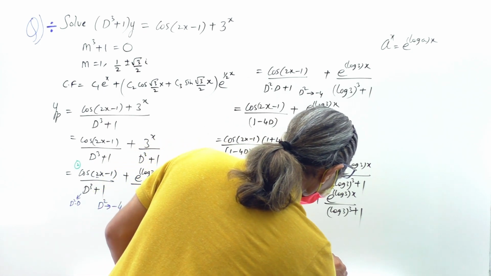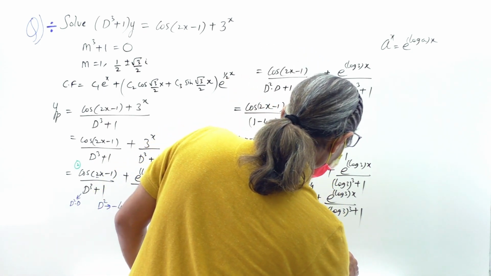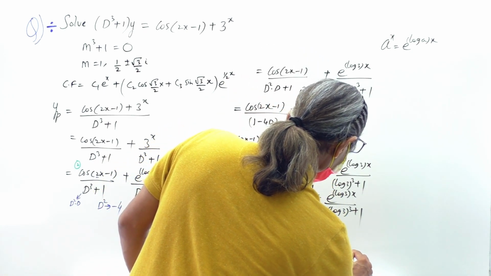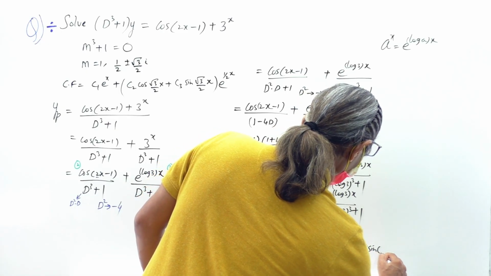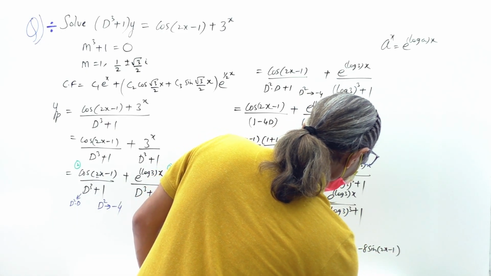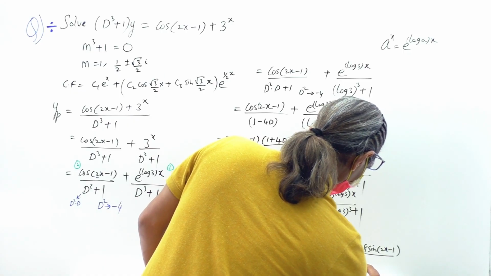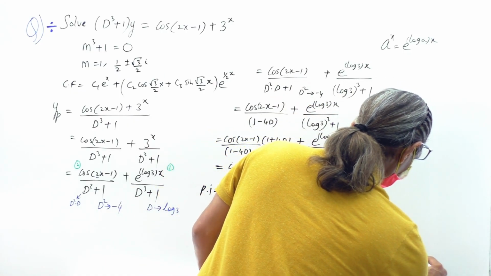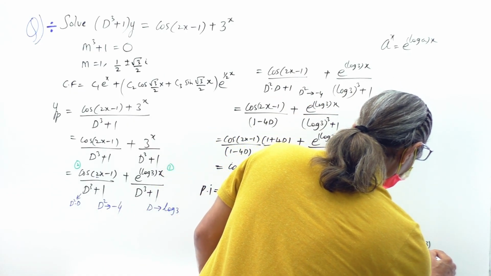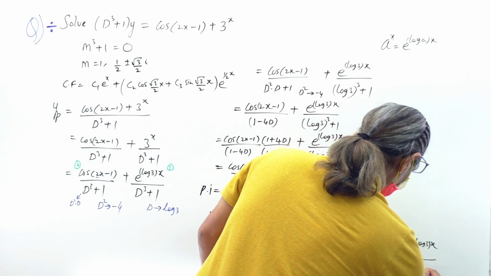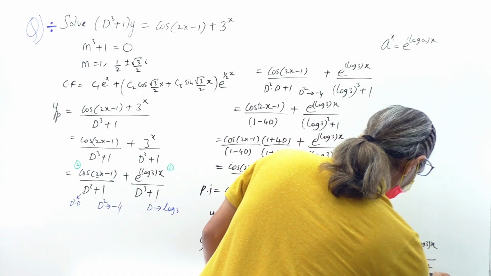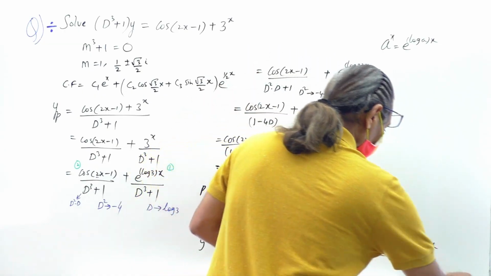And lastly PI is cos of 2x minus 1 minus 8 sin of 2x minus 1 over 65 plus e raised to log 3x upon log 3 whole cube plus 1. That's the solution.